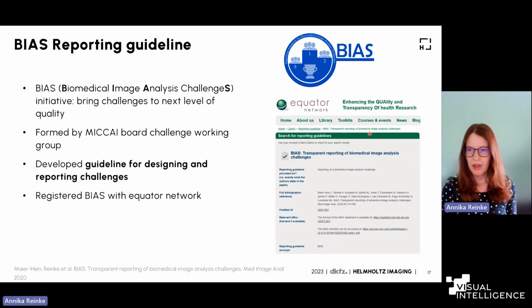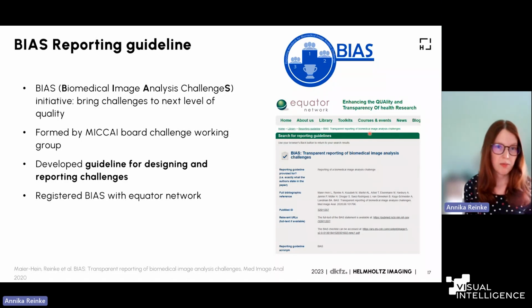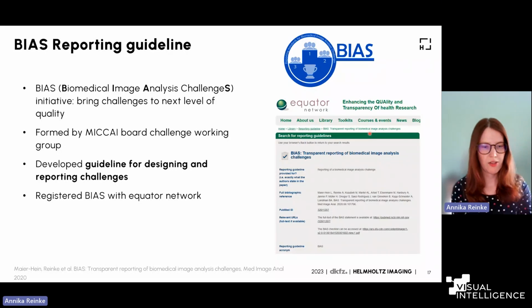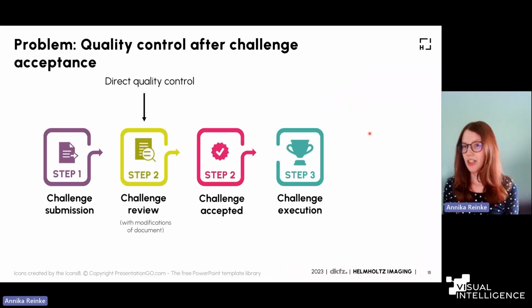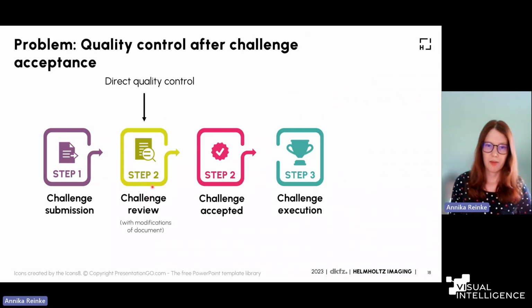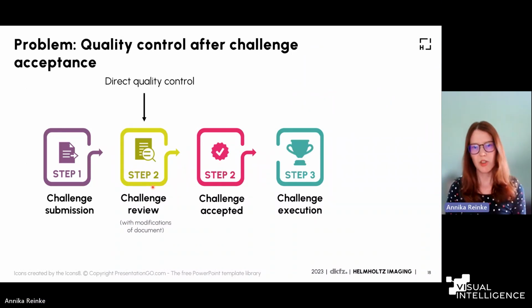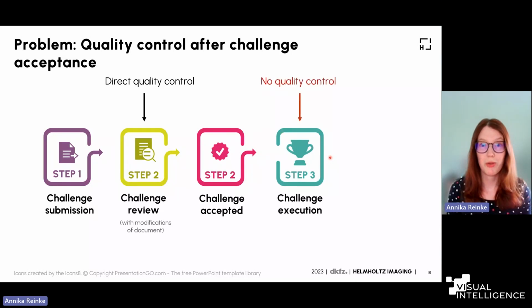So this was also implemented in the form of a structured challenge submission system for conferences. So we now had a challenge review process where we had direct quality control over challenge proposals that were submitted for a conference. So in case a challenge was accepted, it was executed, but the problem was we didn't have quality control over what people were doing afterwards.